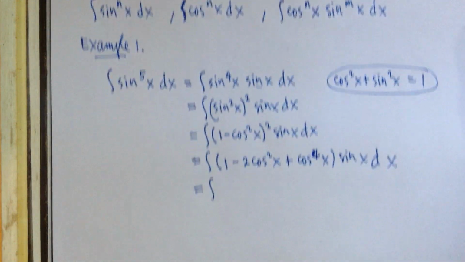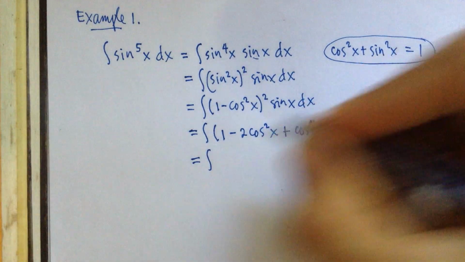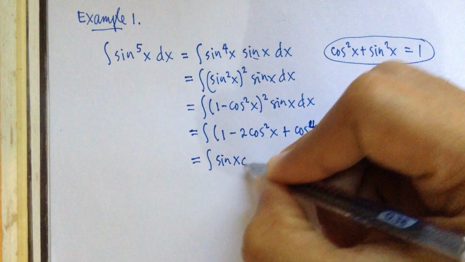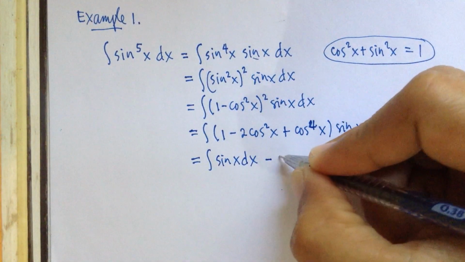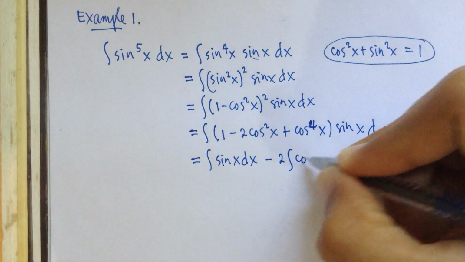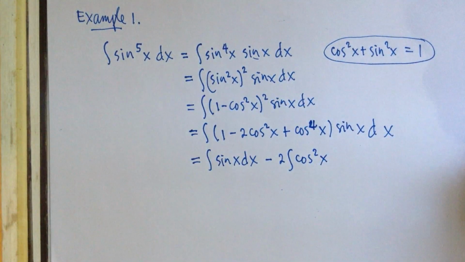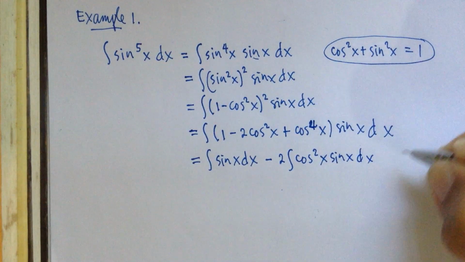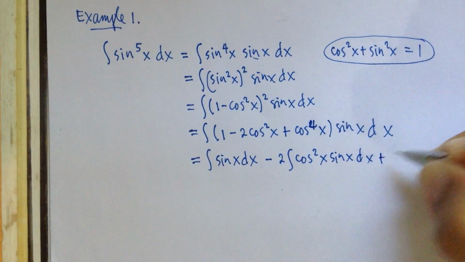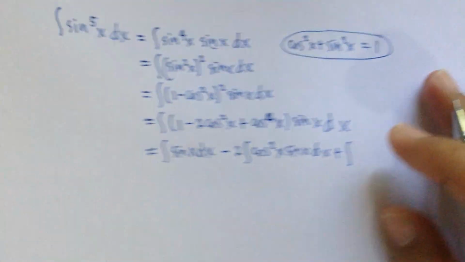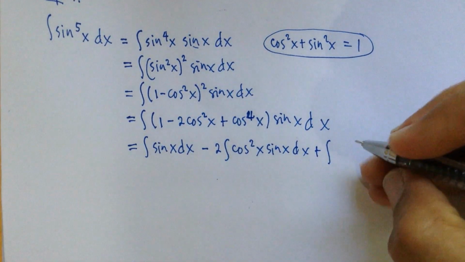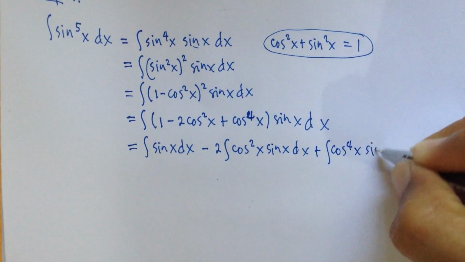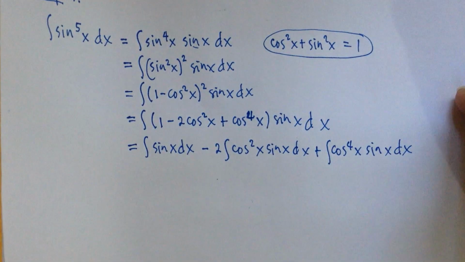And you can write this expression now as the integral of, distributing this, sine x dx minus 2 times the integral of cosine squared x sine x dx plus the integral of cosine to the fourth of x sine of x dx.